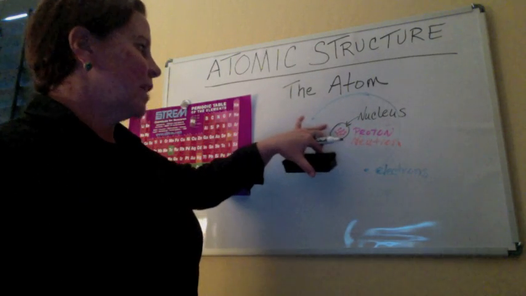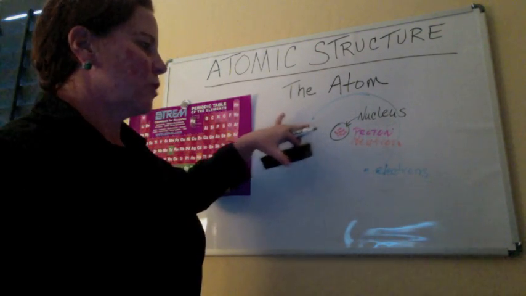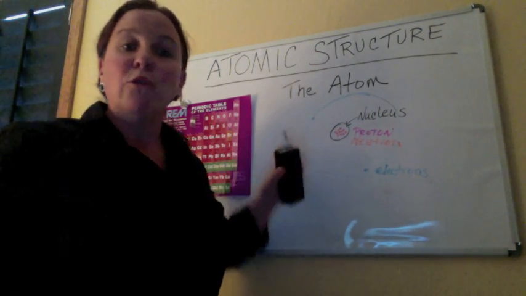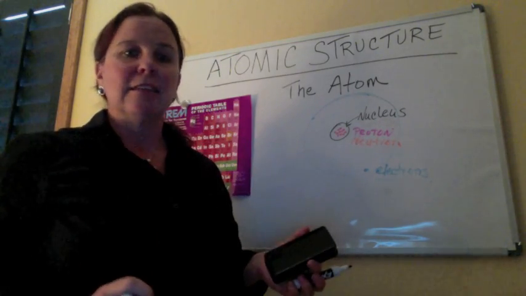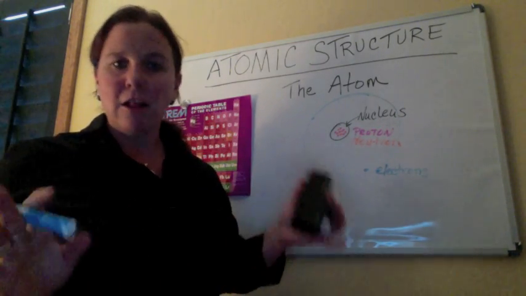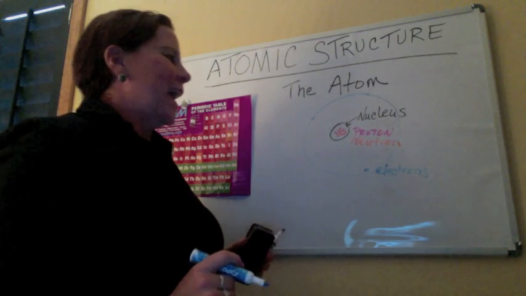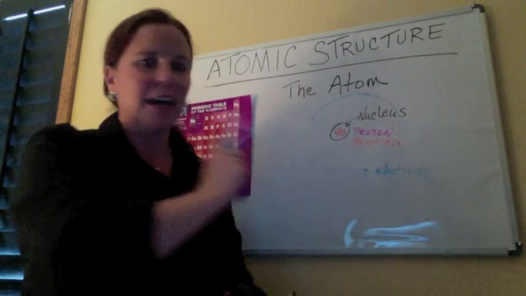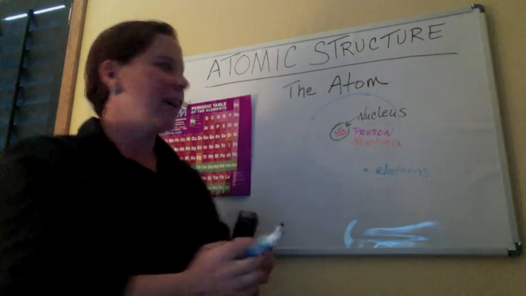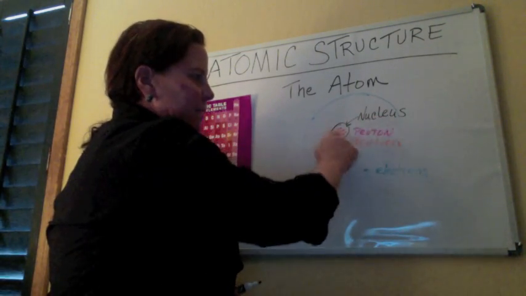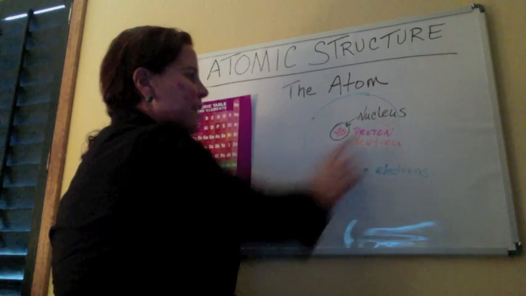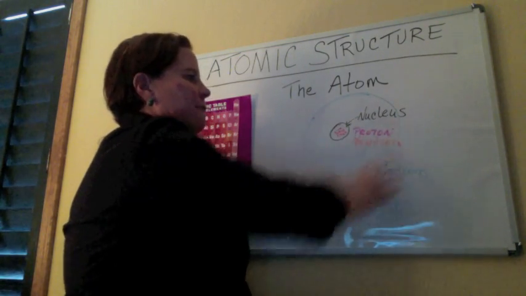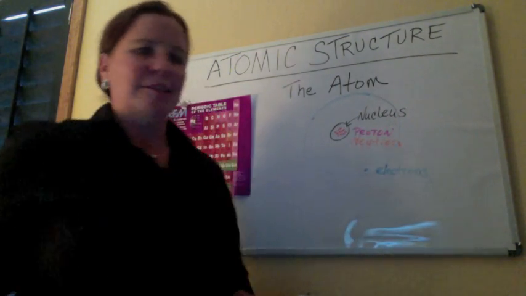And so in relation to the nucleus, these electrons are very far away, moving very, very fast, so fast you can't even tell how fast they're moving, and you don't know where they are, and they're very tiny. Okay, so everybody got that? You've got a nucleus with your protons and your neutrons, and then around that, a fast-moving group of electrons.